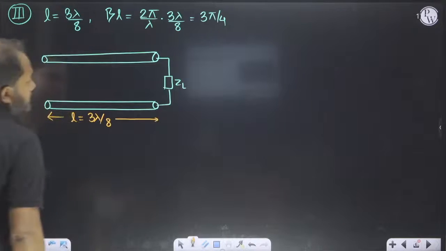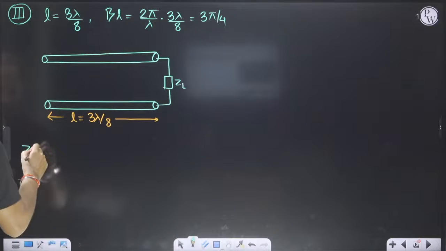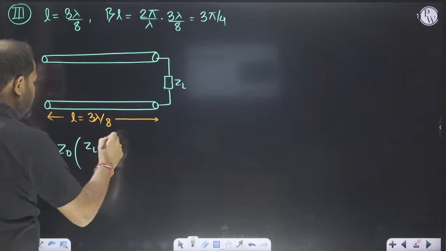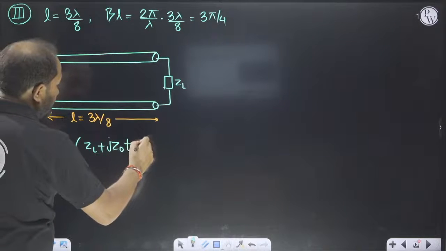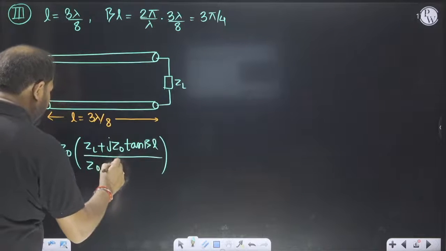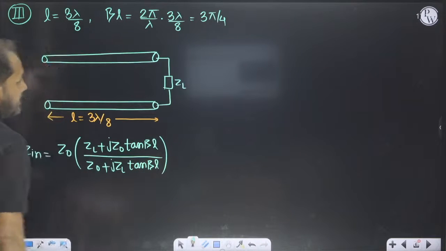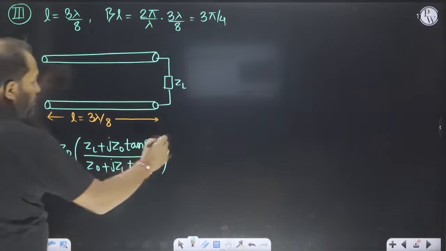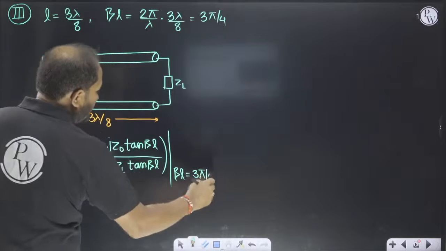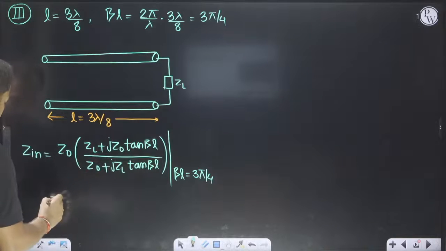Then we apply the formula for input impedance in a lossless transmission line, Z0 times (ZL plus jZ0 tan beta L) over (Z0 plus jZL tan beta L). The basic formula is this one only, but we put in the beta L value and get a different formula. Beta L is 3 pi by 4, and tan 3 pi by 4 is equal to minus 1.